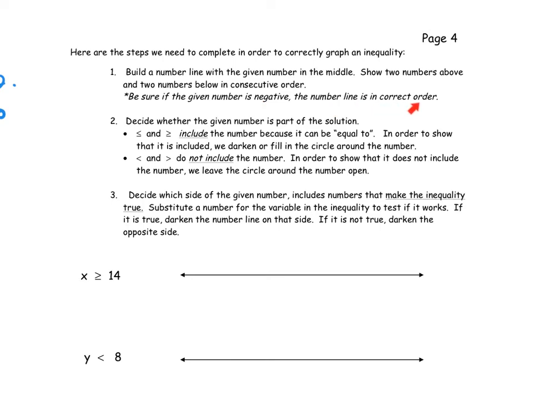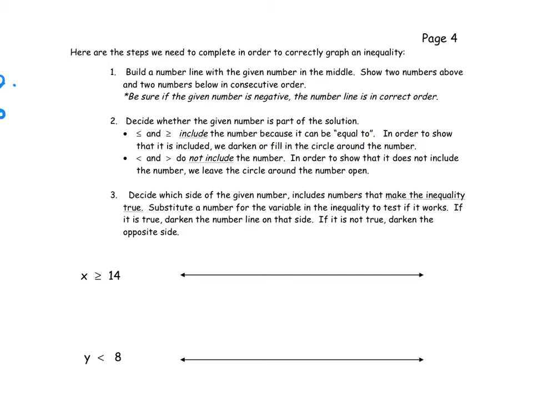So I remind you that on the negative side of the number line, to the left of 0, the numbers look like they're going backward. Step 2: decide whether the given number is part of the solution. If we're given the less than or equal to or the greater than or equal to, it includes the number.